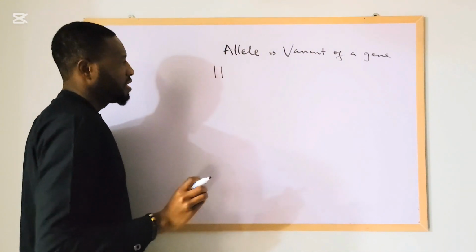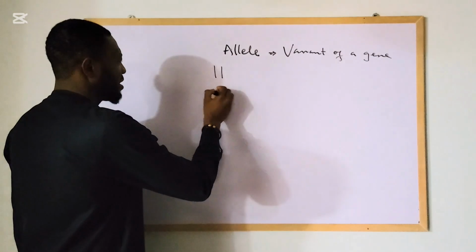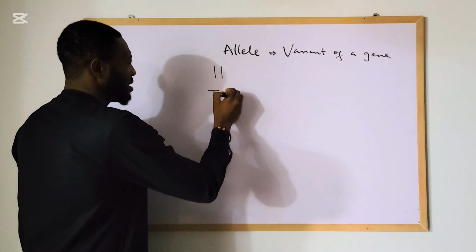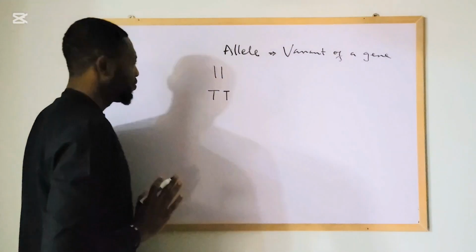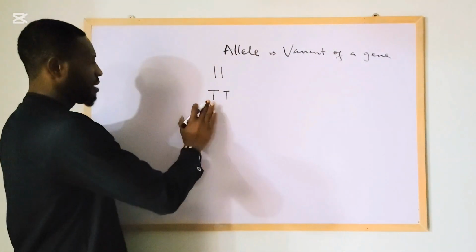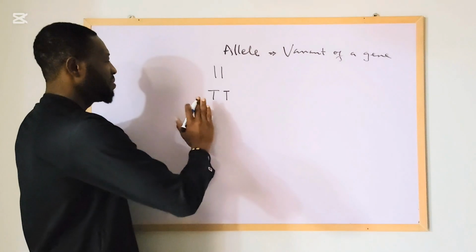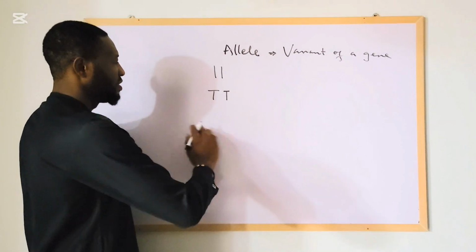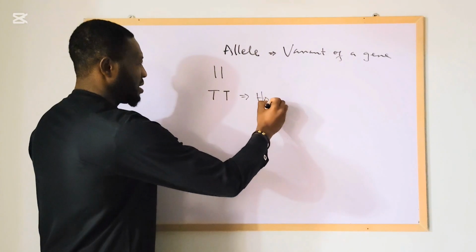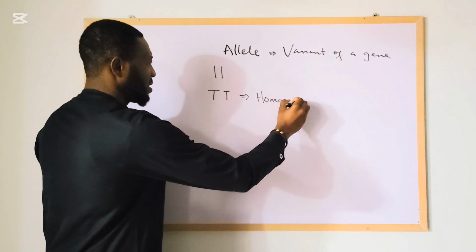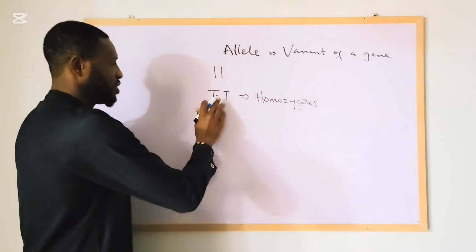And if the person inherits two identical variants, let's use T to denote variants. Capital letter T for two dominant variants. If the person inherits two identical variants, we say that that person is homozygous for the gene.